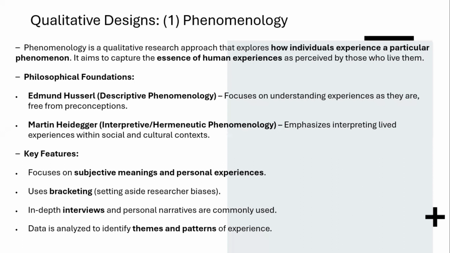For example, if you want to understand experiences of childlessness among women, you can pick a woman who has been childless for, let's say, 20 years and study the person's experiences and all of that. That will be descriptive phenomenology. But the moment you begin to put the person's experiences within a particular sociocultural context, right?